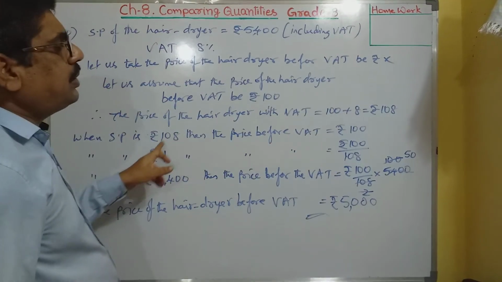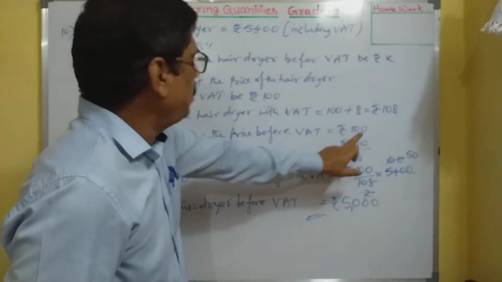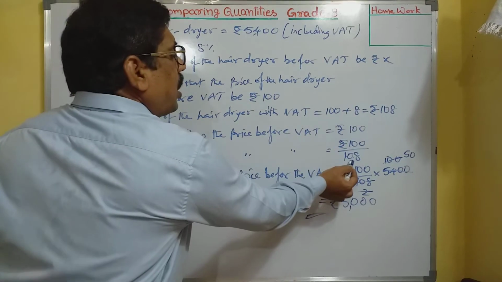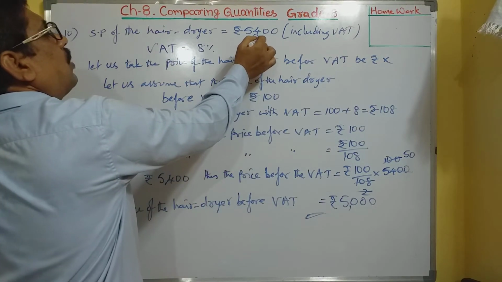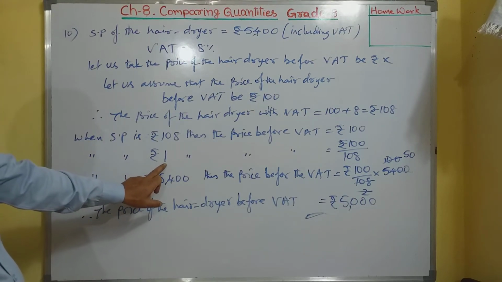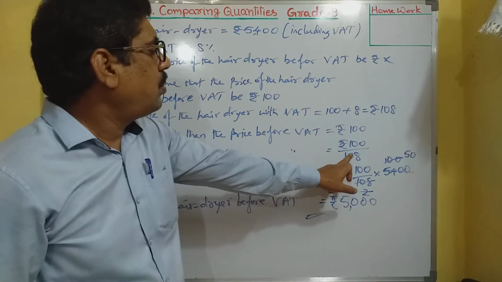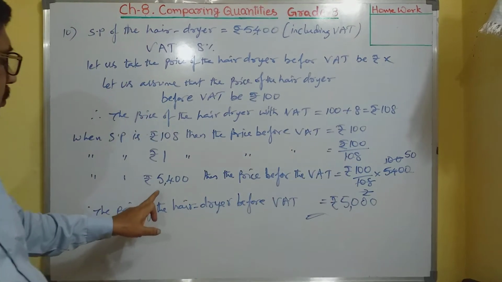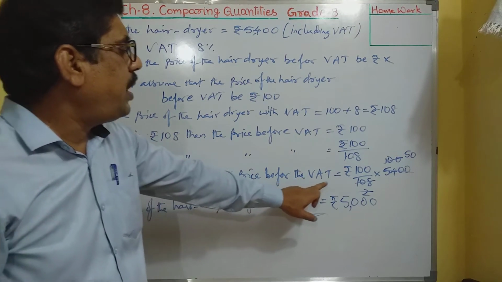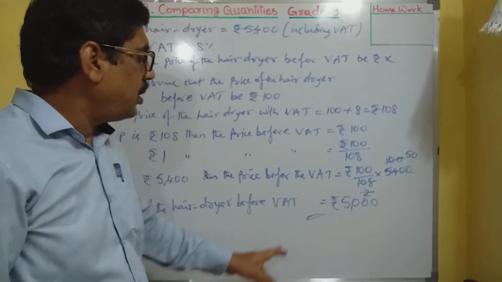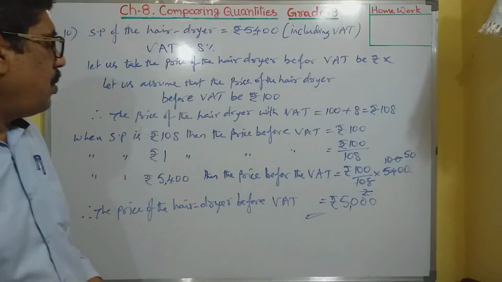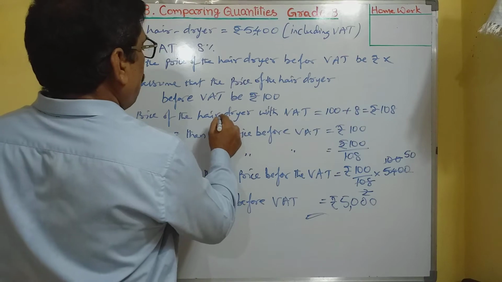So when it is 108, the price before VAT is 100. When it is 1 rupee, 100 by 108. So this 100 by 108 should be multiplied with 5400. When the price is 5400, the price of the article before the VAT is equal to 100 by 108 into 5400. By simplification, we got 5000 rupees. That is the price of the hair dryer before the VAT. Please copy this problem.